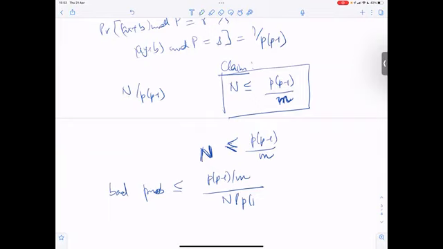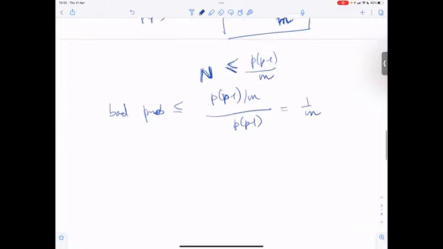So therefore, this bad probability is less than or equal to P into P minus 1 by M over P into P minus 1, which is equal to 1 by M. Correct? Yes, sir.